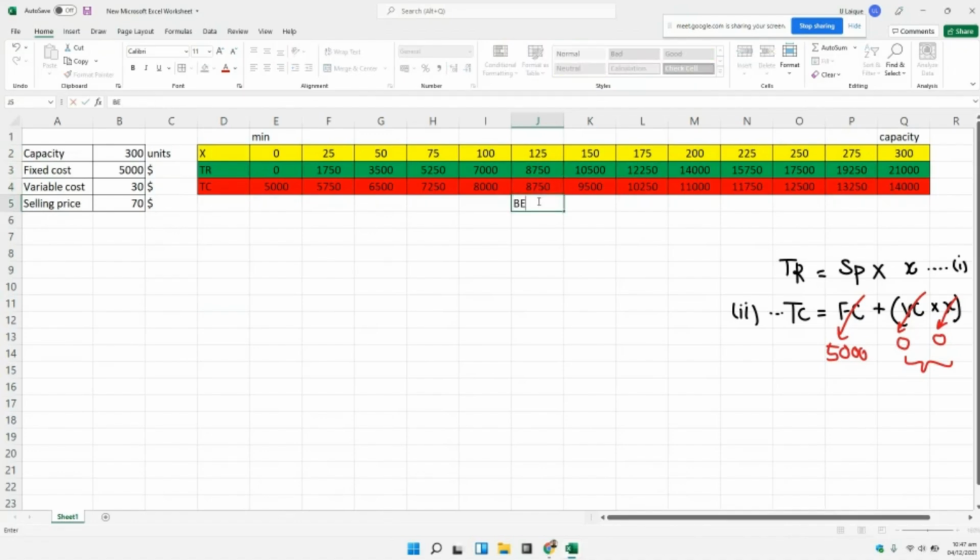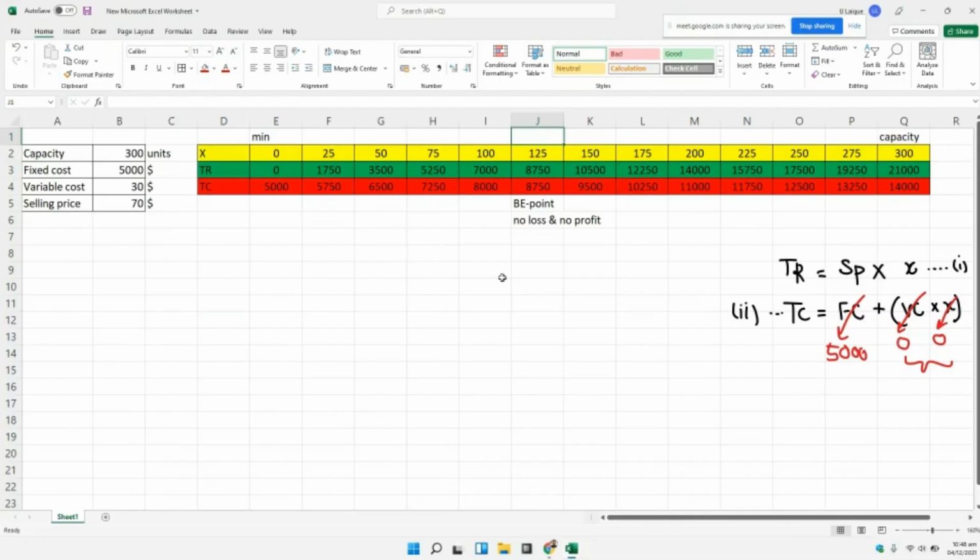And this is what we call the break-even point, on which the total revenue equals the total cost. This is the point where you have no loss and no profit. Now, this point is really imperative, because any value beyond this point will result in profit, but producing or selling any units below this point will result in a loss.